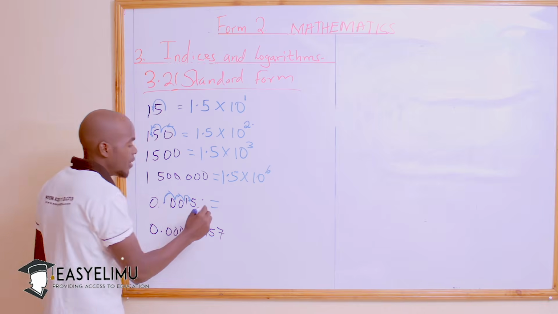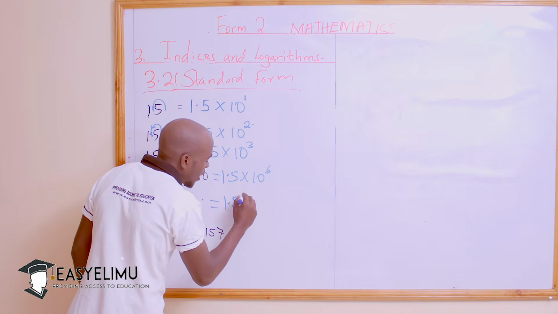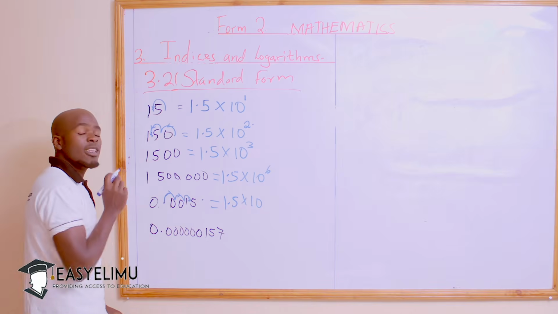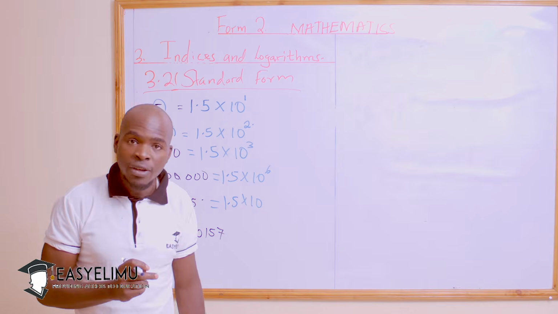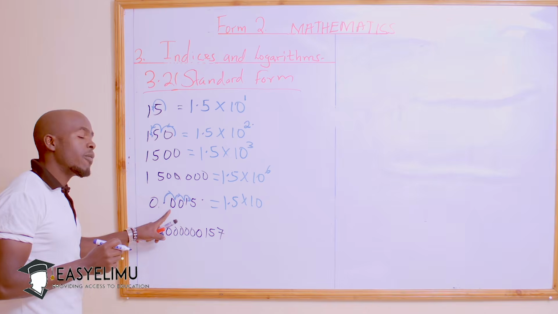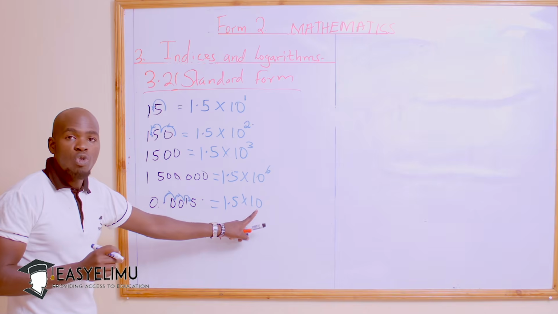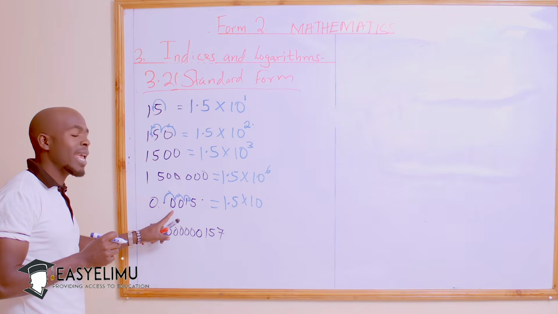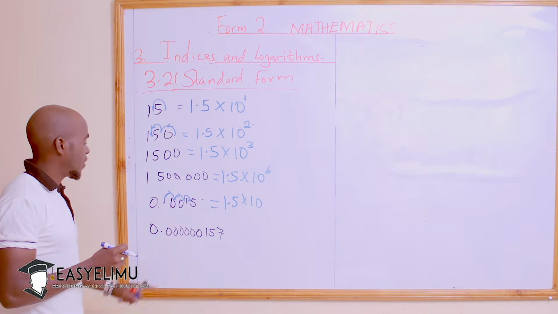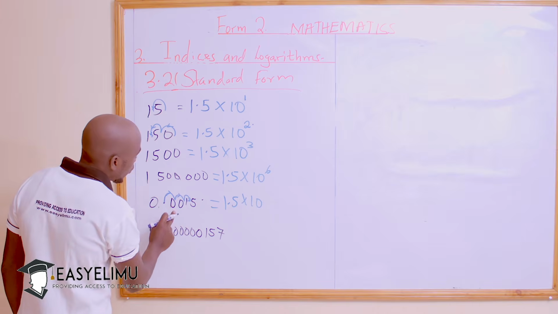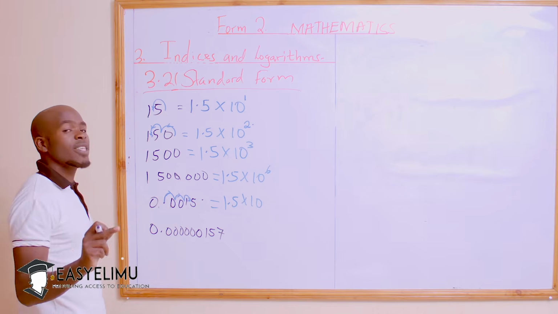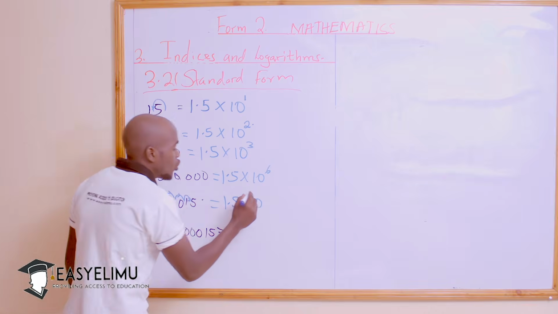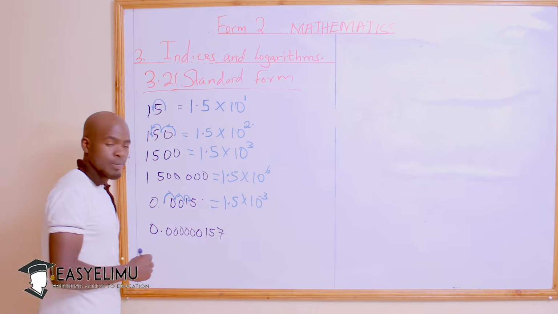For this case here, we shall have 1.5 times 10. But since the decimal point has moved to the right, our value here, 10, we shall raise it to a negative index, such that it shall be the negative of the number of places we have moved, and that is negative 3.